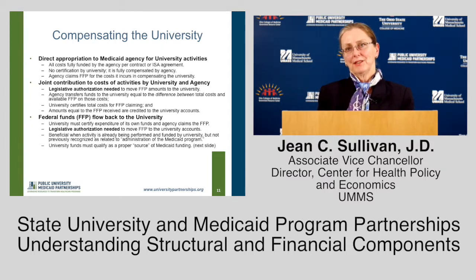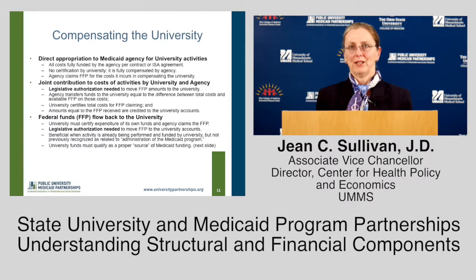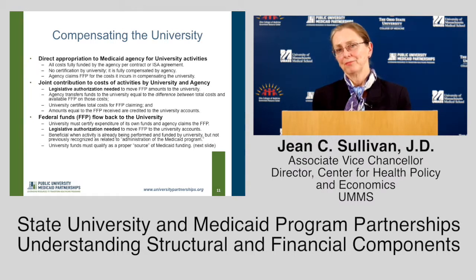And the agency then certifies and submits those total costs to the federal oversight agency and collects the federal monies, or FFP, to reimburse itself. In this case, no certification by the university is required because the agency is actually certifying. And the FFP does not need to flow back to the university because the agency has already paid 100% of the costs incurred by the university.